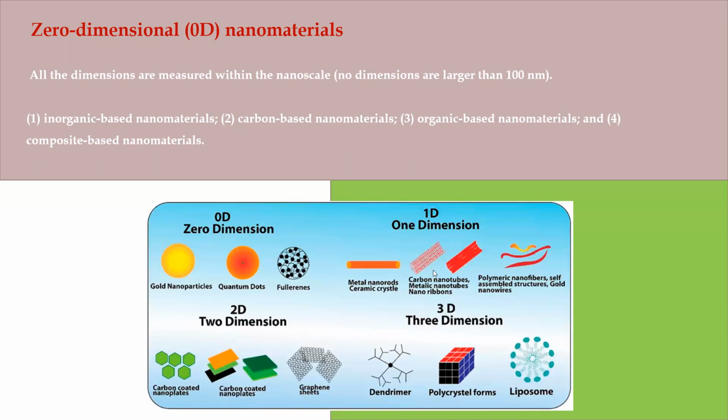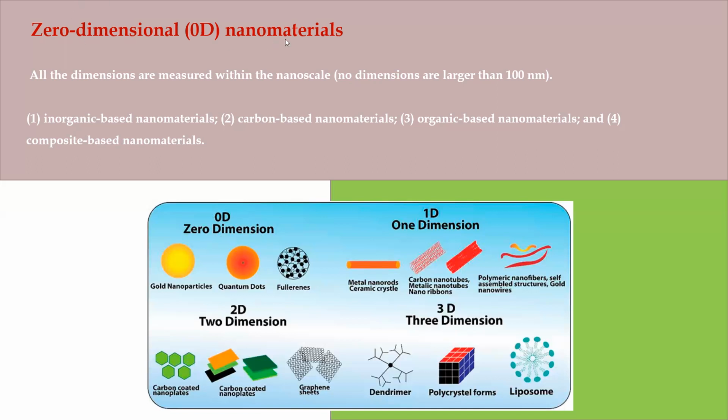Vice versa, we can say that in a three-dimensional nanomaterial, zero dimensions are in nanoscale; in a two-dimensional nanomaterial, one dimension is in nanoscale; in a one-dimensional nanomaterial, two dimensions are in nanoscale; and in a zero-dimensional nanomaterial, all dimensions are in nanoscale.